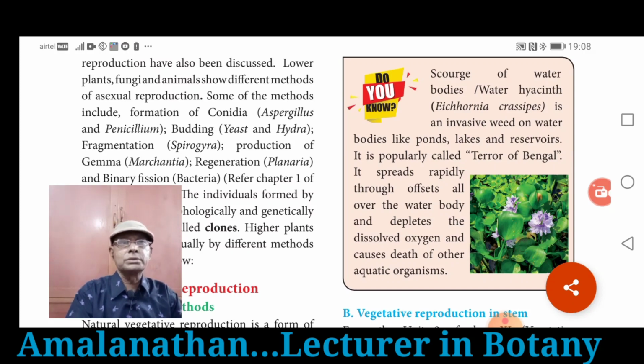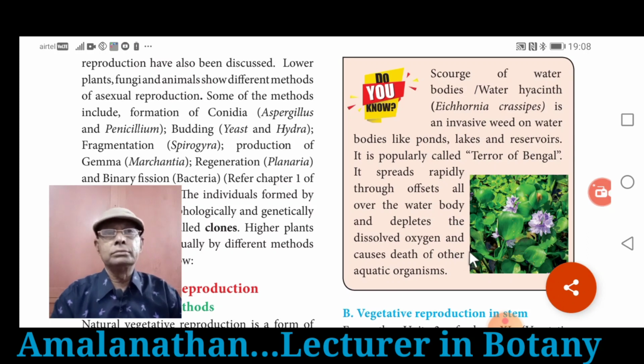What are clones? Clones are individuals formed by asexual reproduction. They are morphologically and genetically identical, and each unit is called a clone.